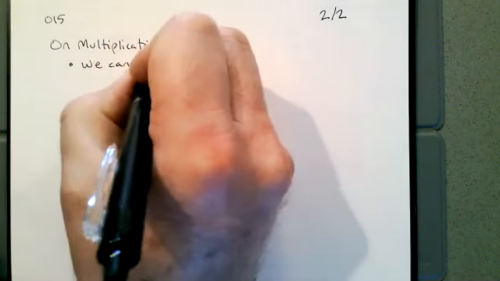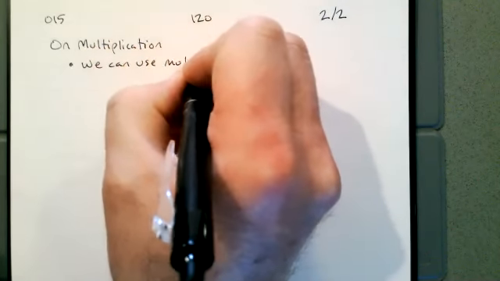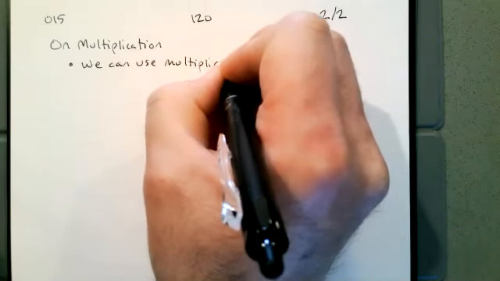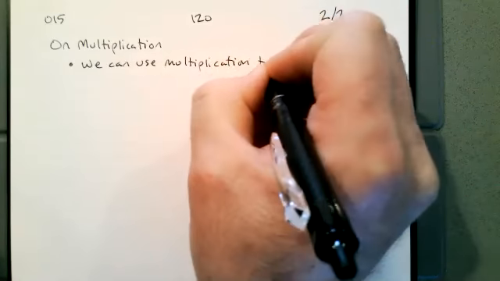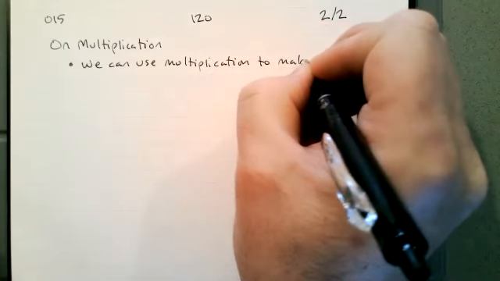One of the things that we can do with multiplication is we can use it to get a common unit. We can use multiplication to make things the same.